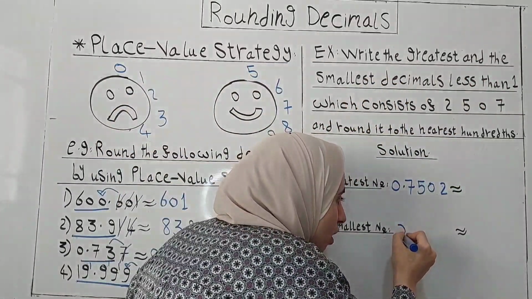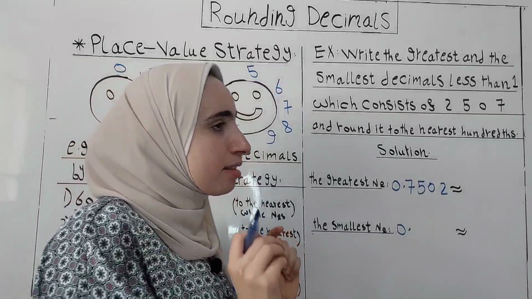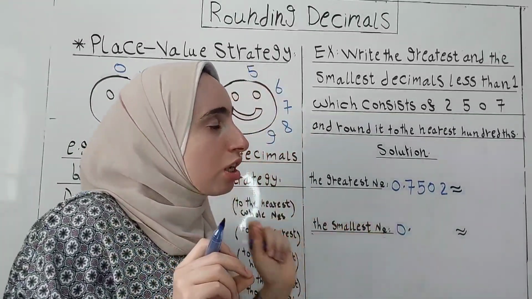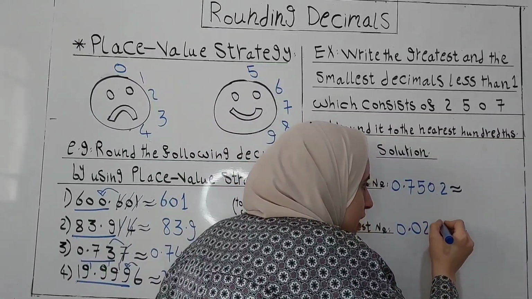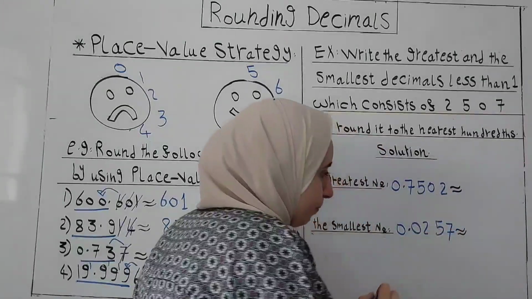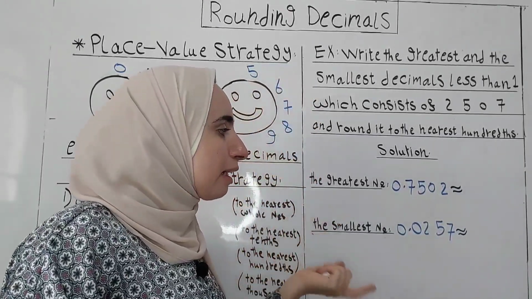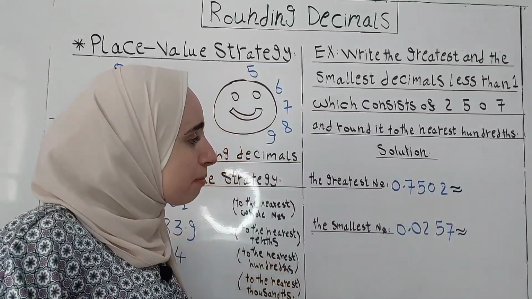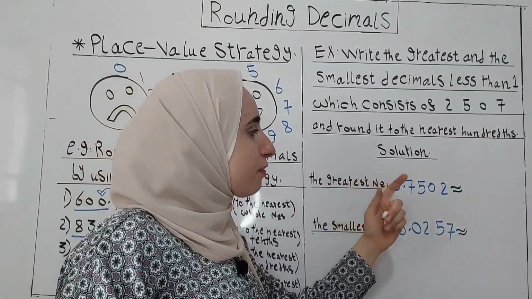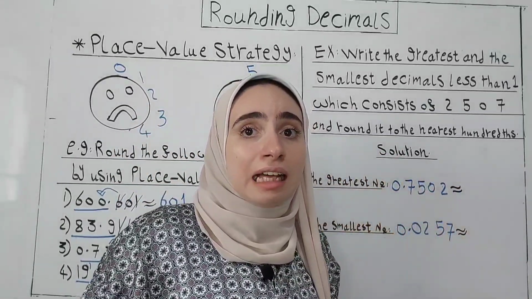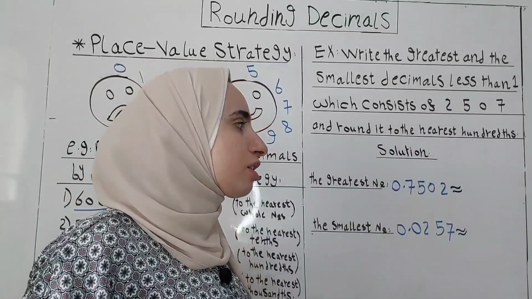So we keep the whole number as 0, then we put the decimal point and start from the smallest digit, which is 0. Then we put 2, then 5, then 7. So 257 over 10,000 is the smallest number consisting of these digits, and 7,502 over 10,000 is the largest decimal number consisting of these digits.